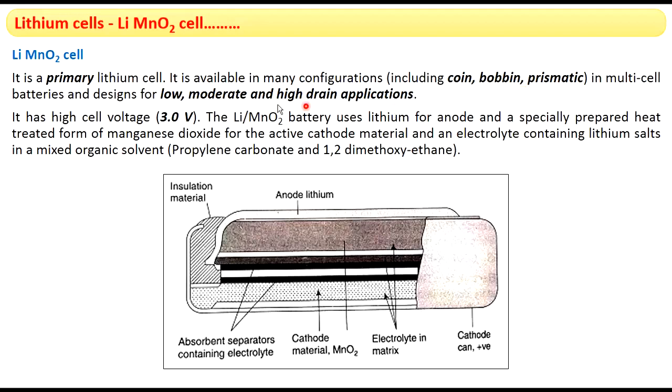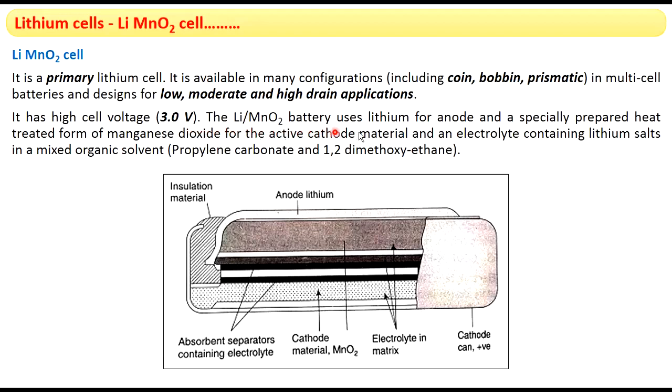For low drain applications, suitable lithium MnO2 batteries are available, and for moderate drain applications and high drain applications also. This cell produces a high cell voltage of 3 volts.